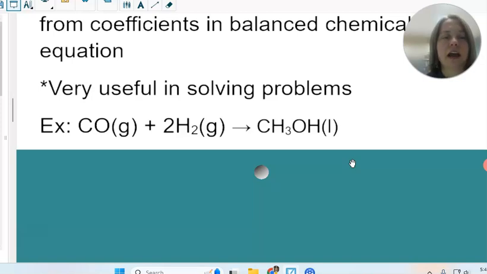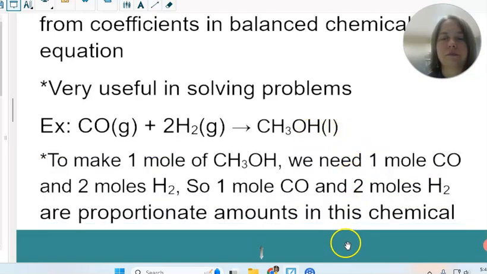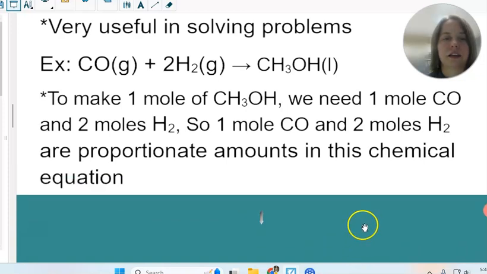1 mole of carbon monoxide gas reacts with 2 moles of hydrogen gas to form 1 mole of methanol, CH3OH, which is liquid. All right. And I'm going to make you write down this whole sentence, sorry, but we won't be doing that for very long.